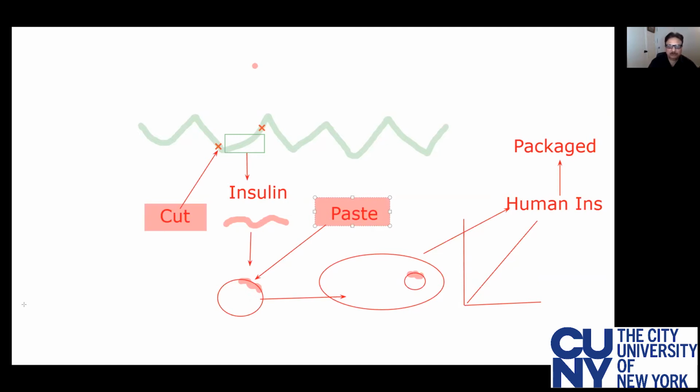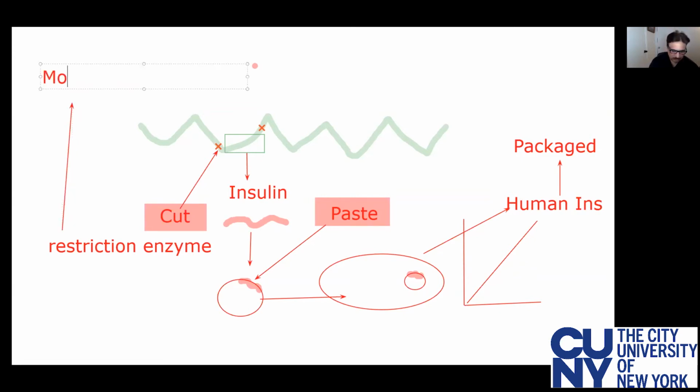So how is it possible to cut and paste? There is another protein that bacteria produce inside their body. That protein is called restriction enzymes. This restriction enzyme can cut the DNA. So restriction enzyme, in other words, is called a molecular scissor.